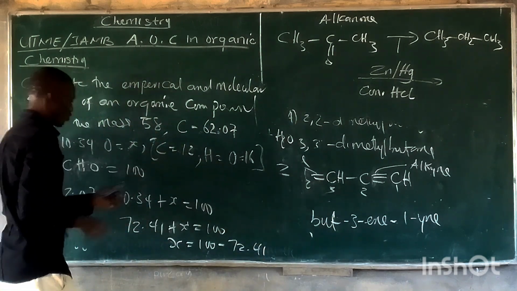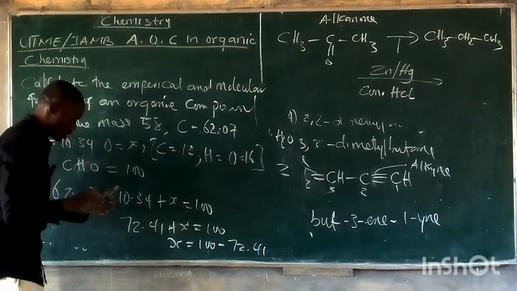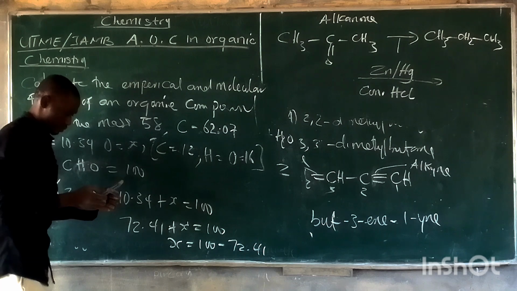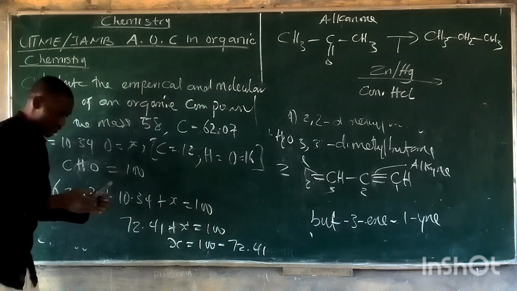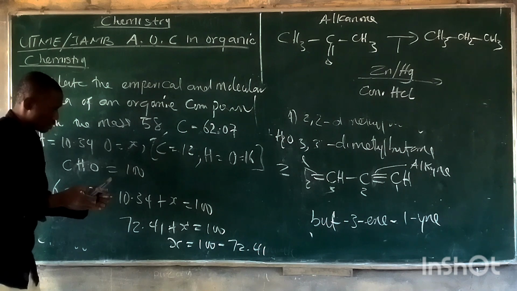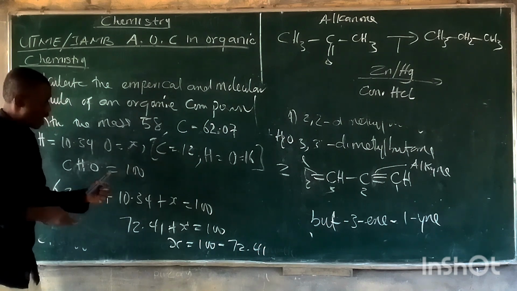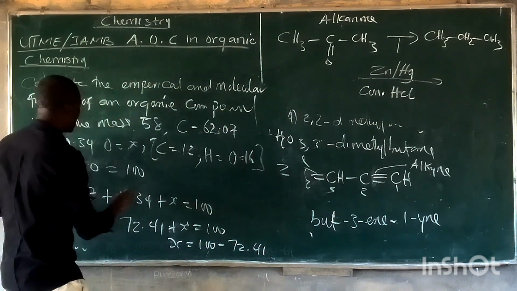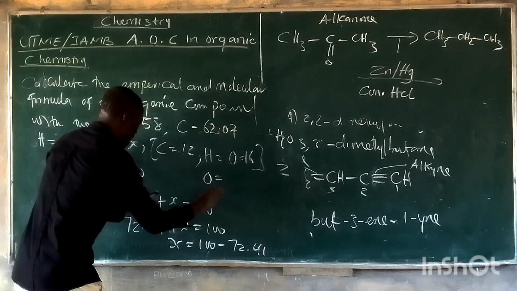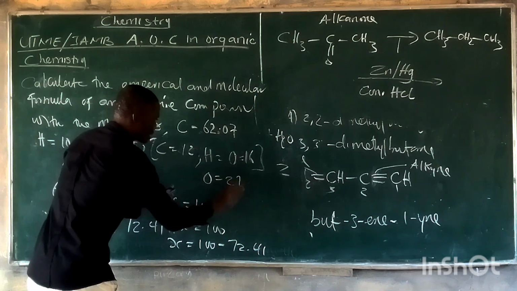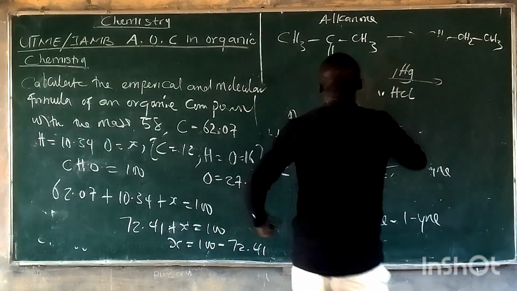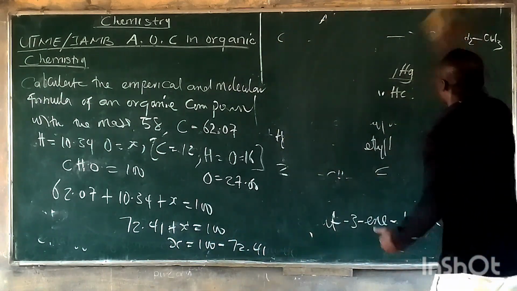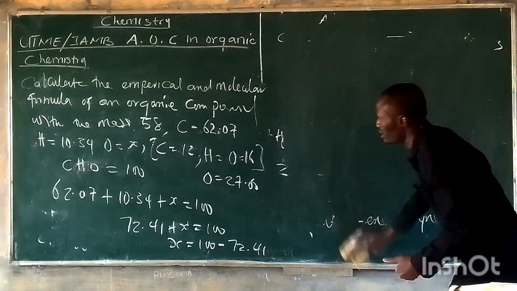I'm going to get the percentage of oxygen now. 100 minus 72.41. Well, that should give me about 27.60 approximately. I've gotten what I want now. The percentage of oxygen is 27.60.